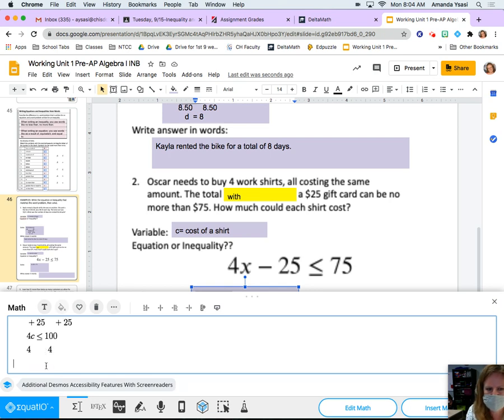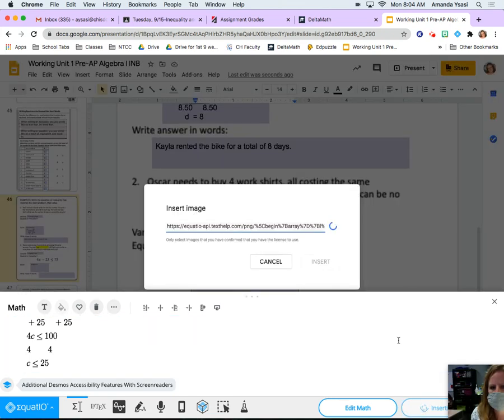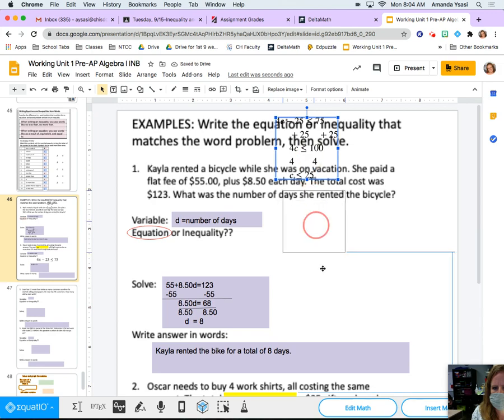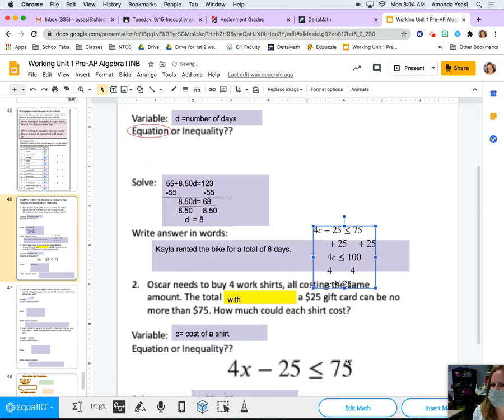Divide by 4. So how much can each shirt cost? 25.